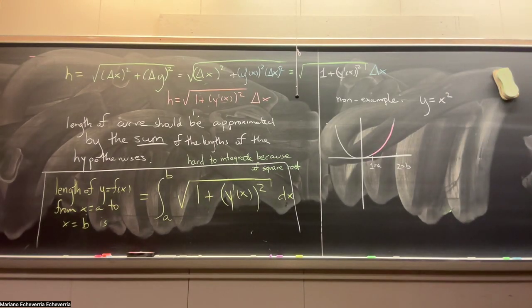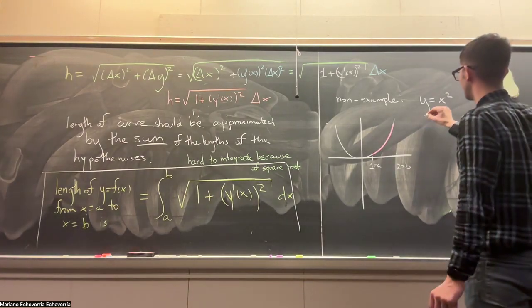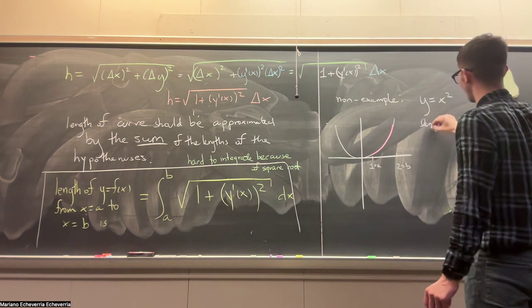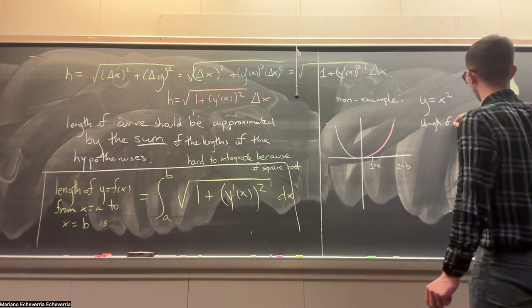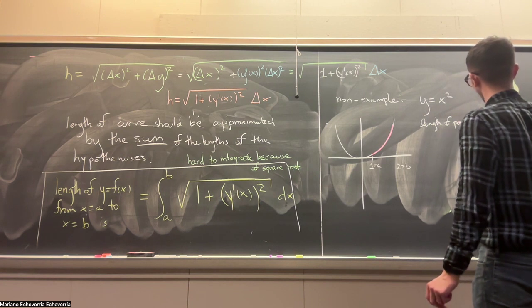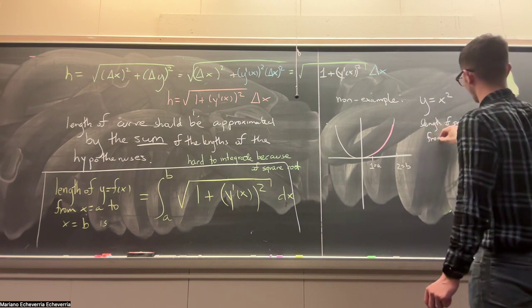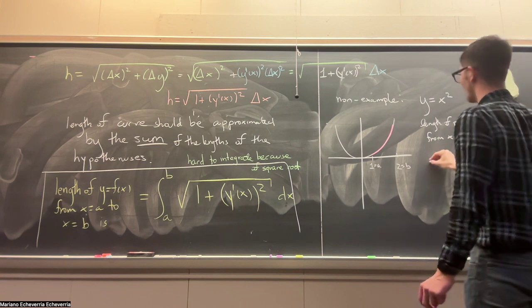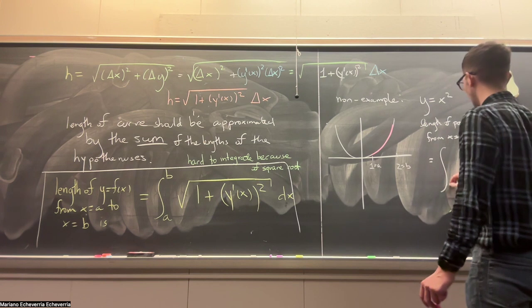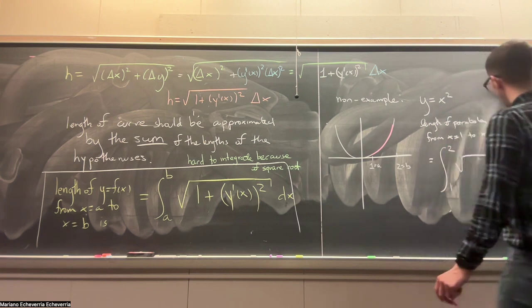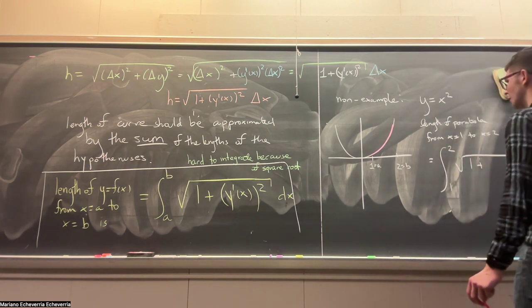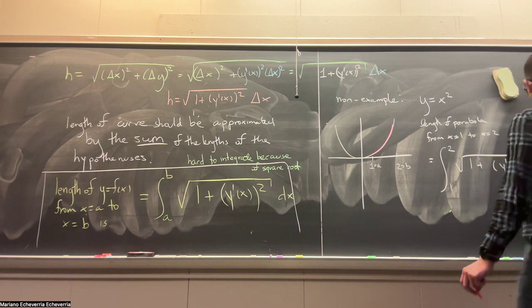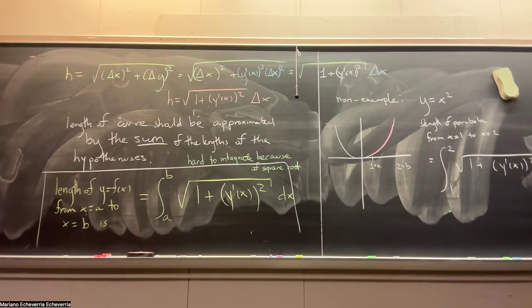What would be the length of the parabola? According to this formula, it would be the integral from 1 to 2 of the square root of 1 plus y prime of x squared dx, right?